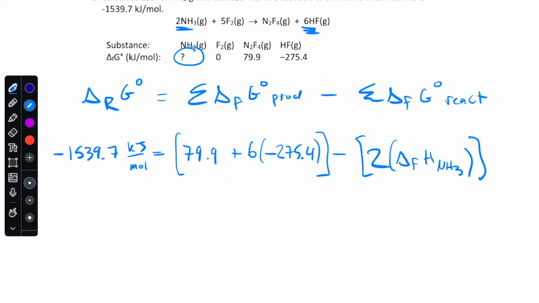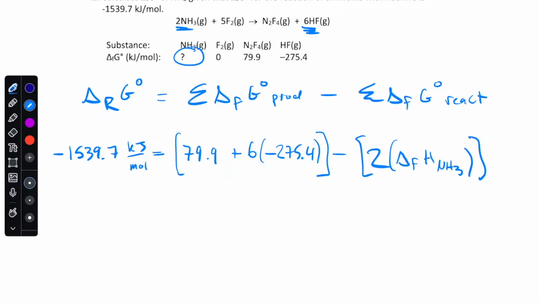So the delta G of forming it from a pure element in its standard state has got to be 0. And then we just stick in our numbers. So why don't we rearrange it?